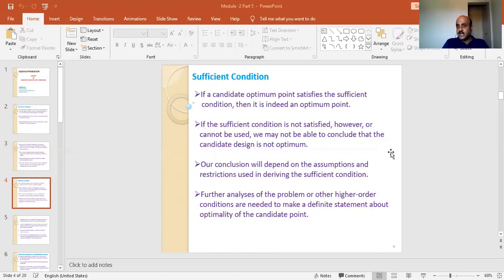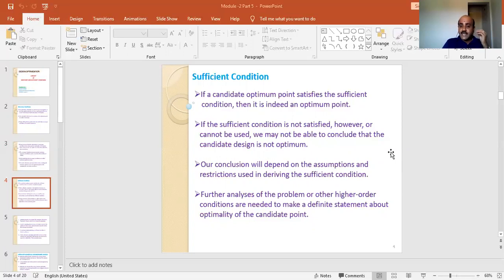So please remember this: if you say it is an optimum point, it should satisfy both the necessary as well as the sufficient conditions. But there may be some points which will satisfy the necessary condition but not the sufficient condition. Such points in the domain we call non-optimum.